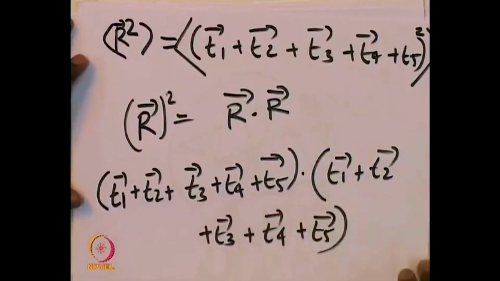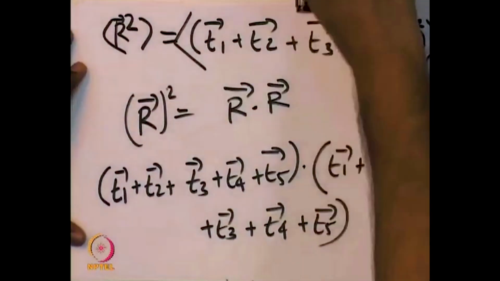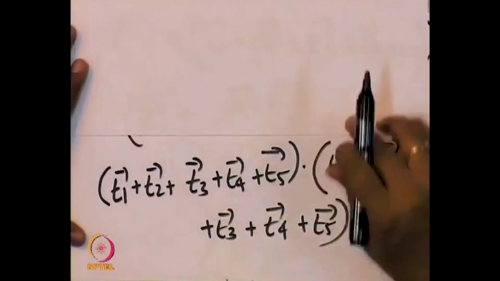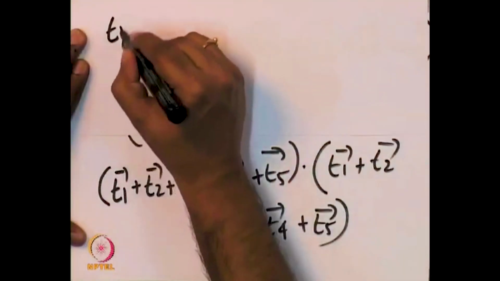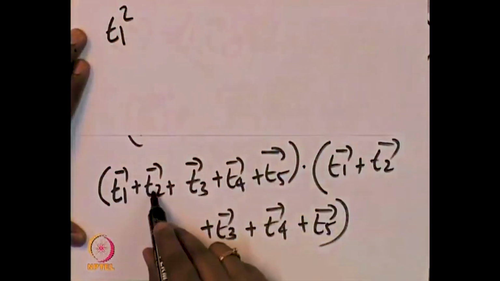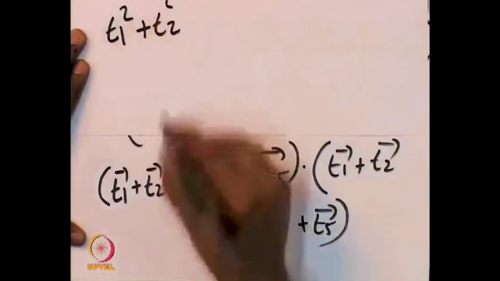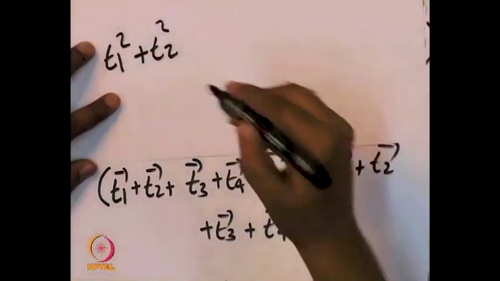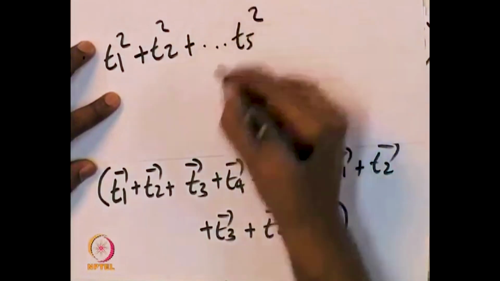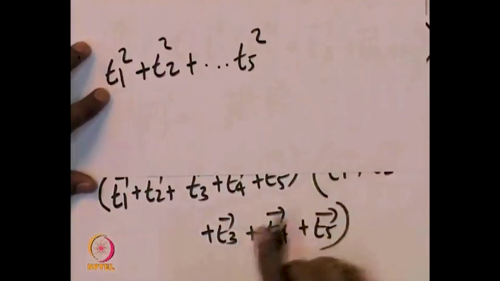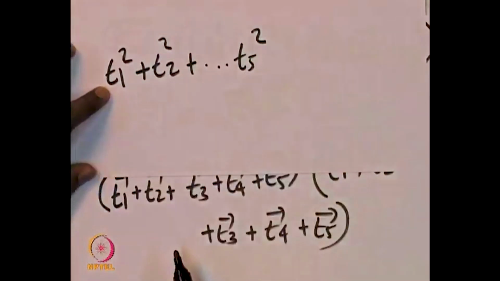What does this tell you? First is T1 dot T1, which is T1 square. Then there is T2 dot T2, T2 square. Then there is T3 dot T3, T4 dot T4, T5 dot T5, T5 square. So, T1 square plus T2 square plus T3 square up to T5 square.